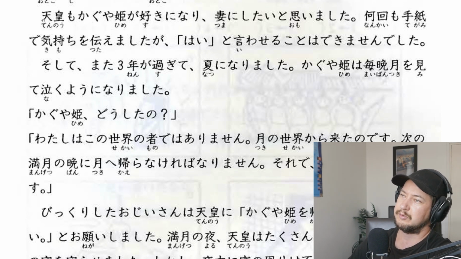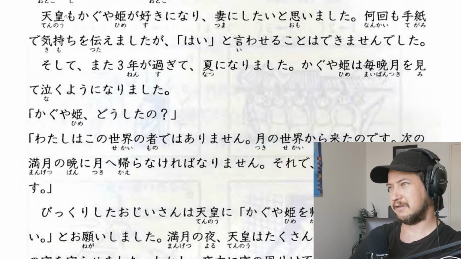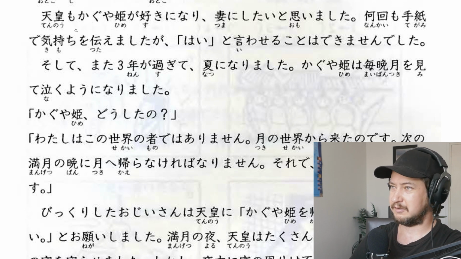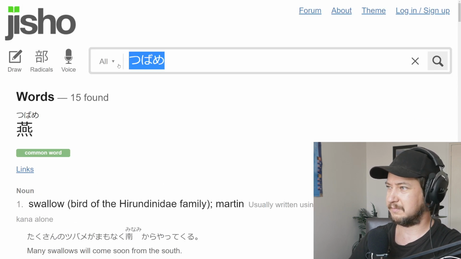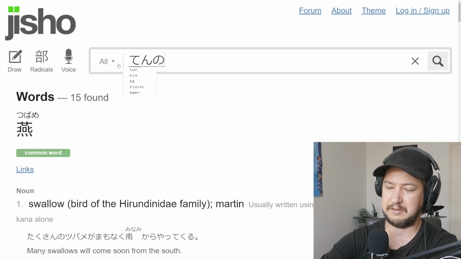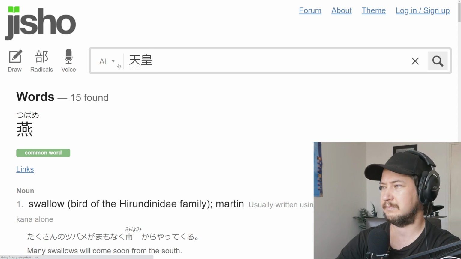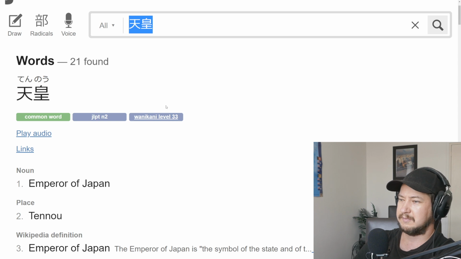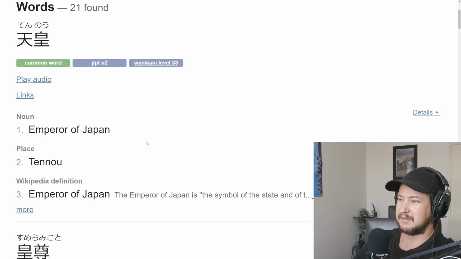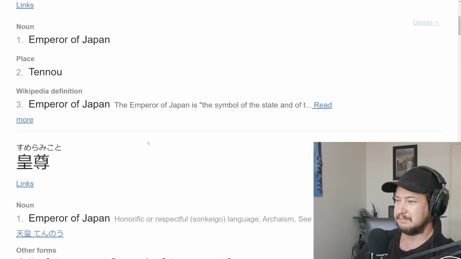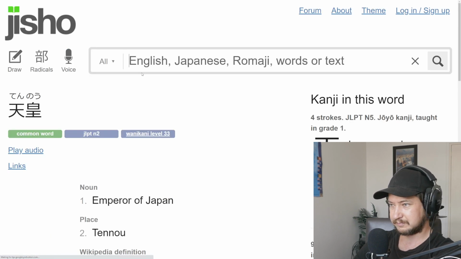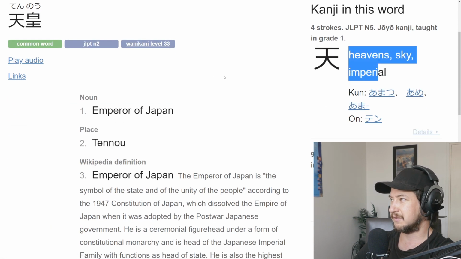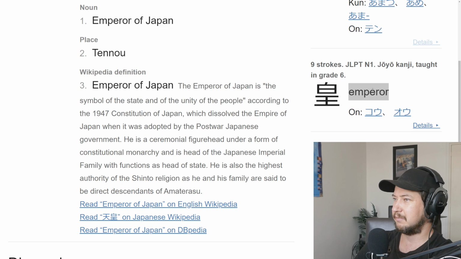And tenno, so this means sky, and this maybe means stars. So let me just confirm that, what exactly that means. Tenno. Maybe it's a star sky. No. It means Emperor of Japan. So that means heaven sky, and that means emperor.